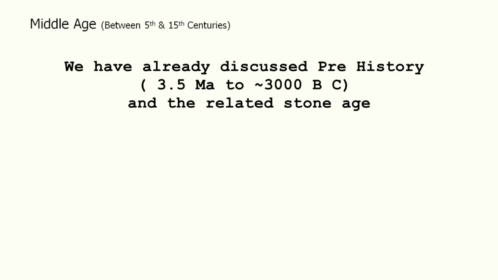We have discussed ancient times, the development of geology, and now we come to Middle Age. For the convenience of understanding, the history has been divided into these divisions. The well-known prehistory period, starting from 3.5 million years ago to, let us say, 3,200 or 3000 BC, which is 5,000 years from now.